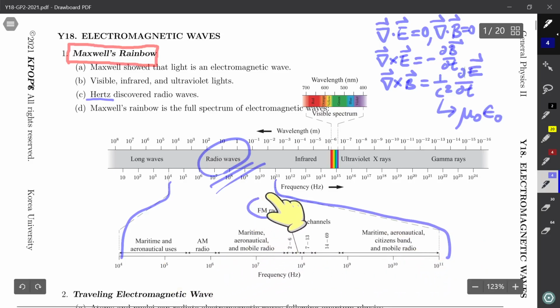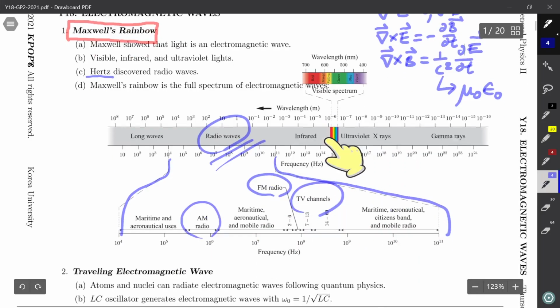We use FM radio, that is of order 100 megahertz, AM, and TV channel.